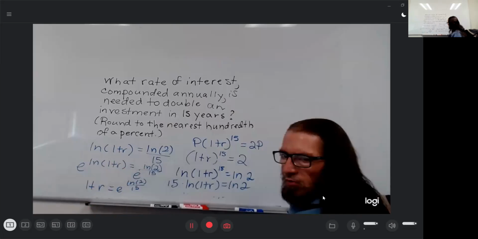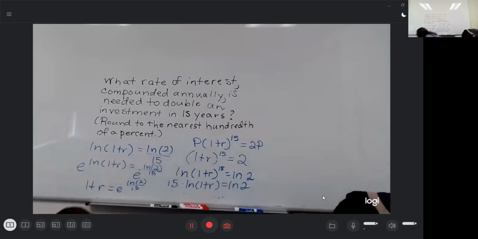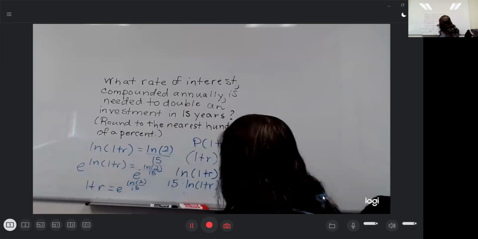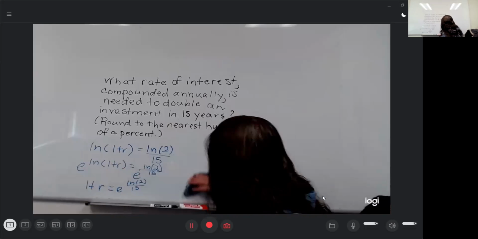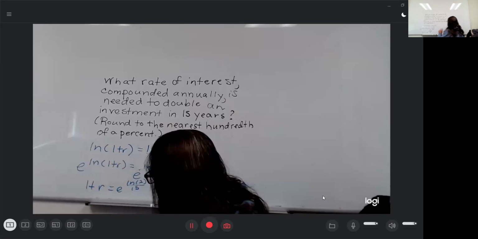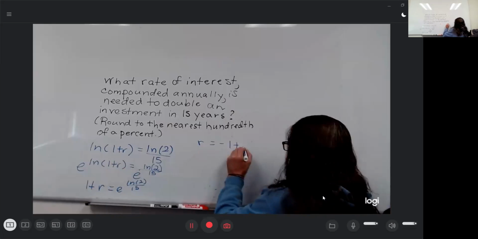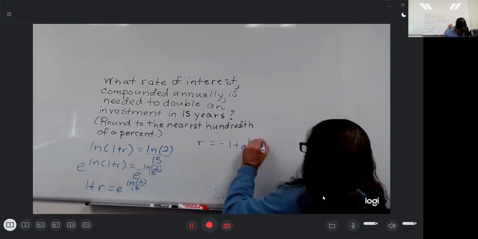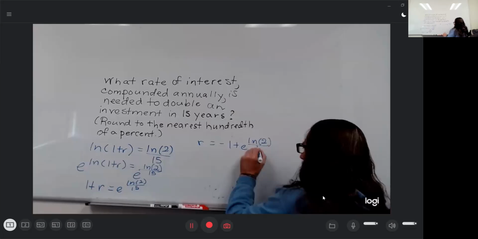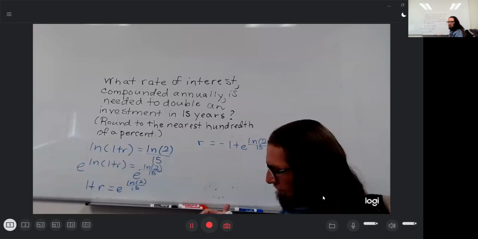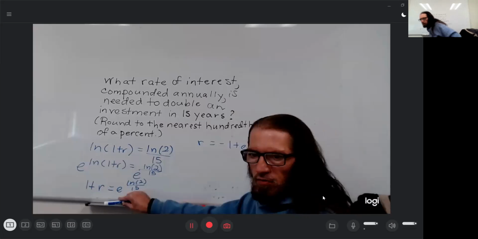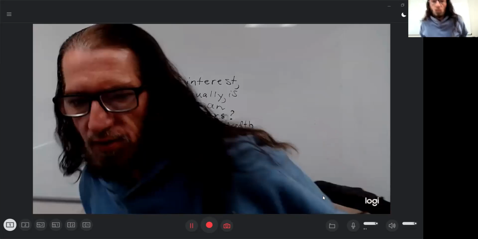And then I would have to subtract 1 from both sides, same as adding -1. Let's see what we come up with there on the calculator.